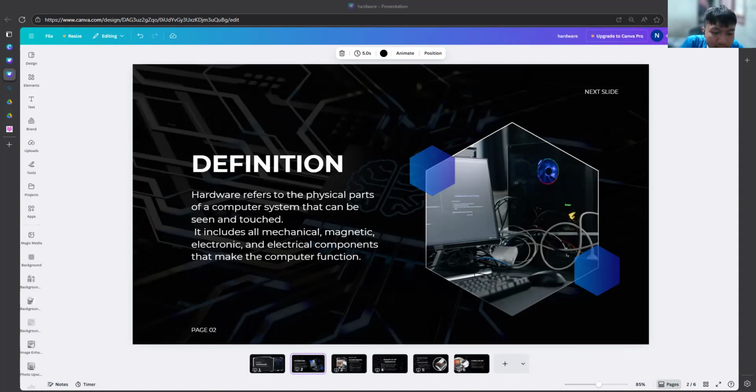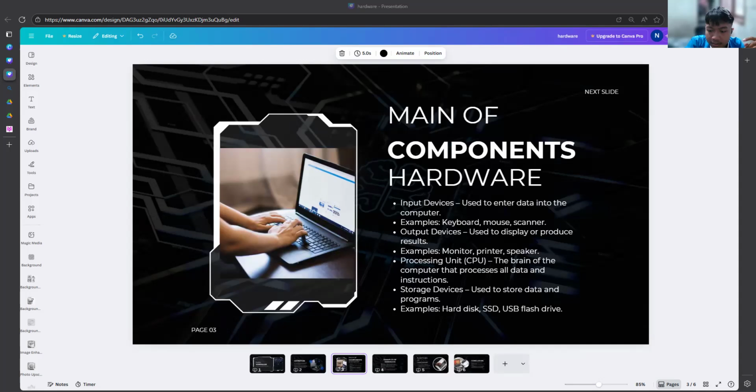Many hardware we can see in our life. It includes all the electronic and mechanical components that make the computer function properly. In simple words, if you can touch it, it's hardware.